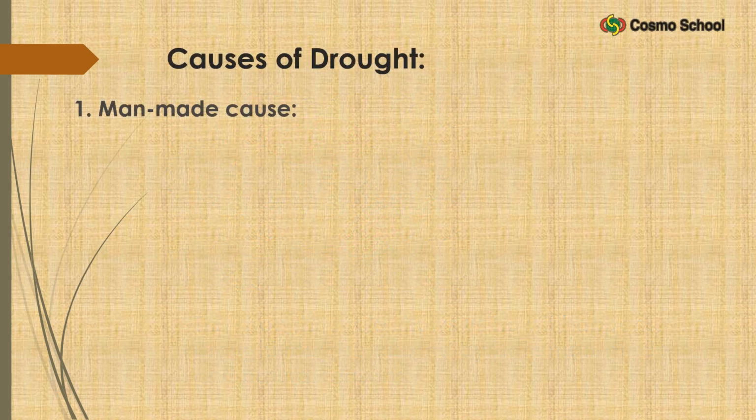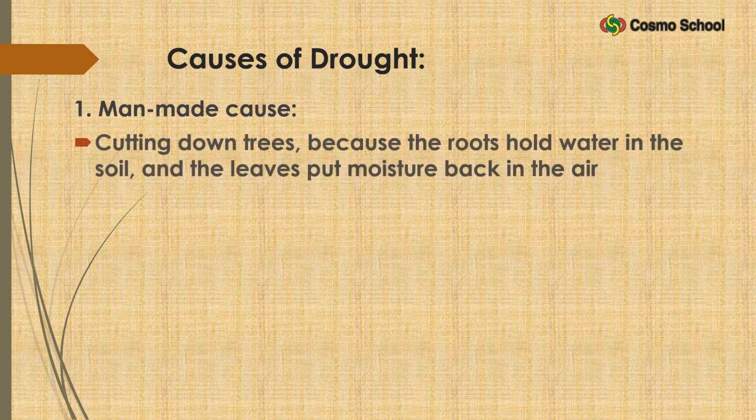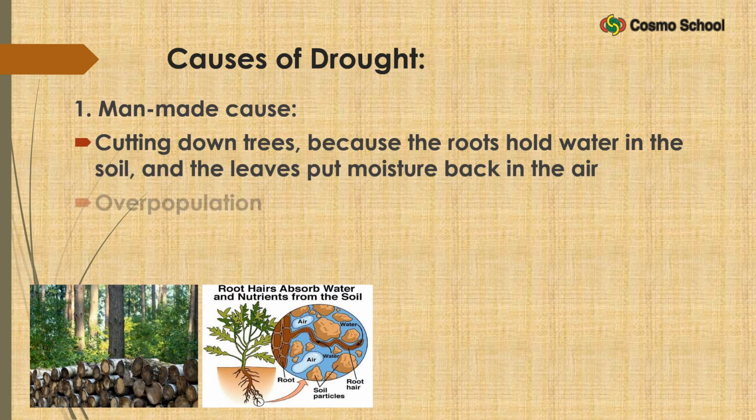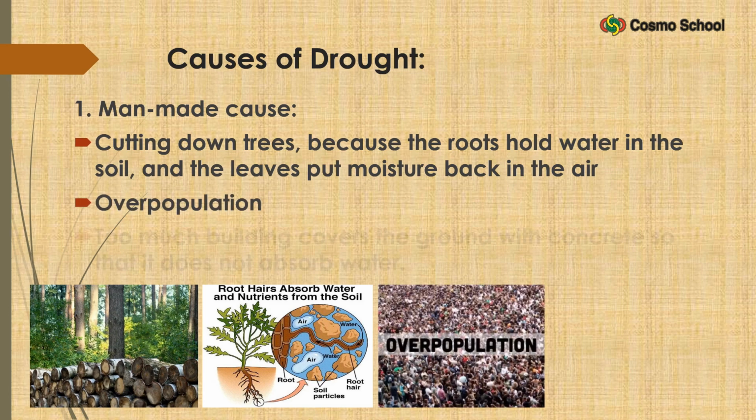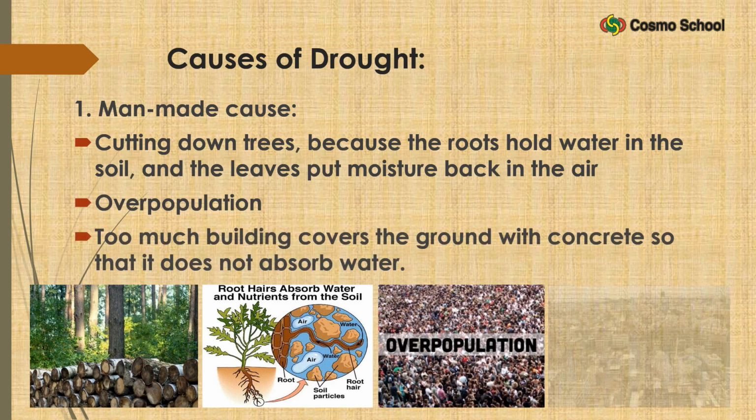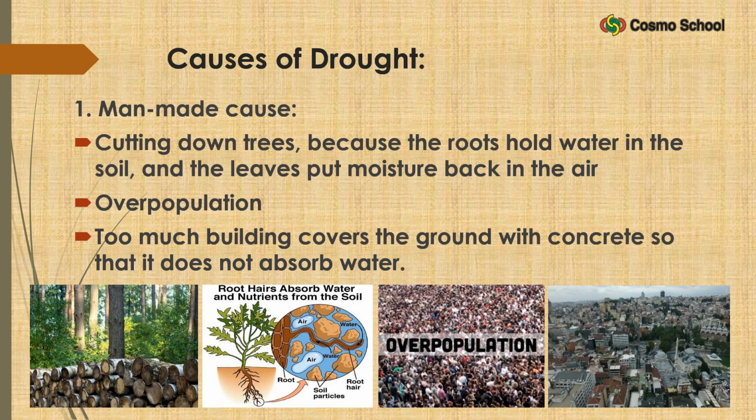At first, man-made causes. Cutting down trees, because the roots hold water in the soil and the leaves put moisture back in the air. Overpopulation. Too much building covers the ground with concrete so that it does not absorb water, etc.